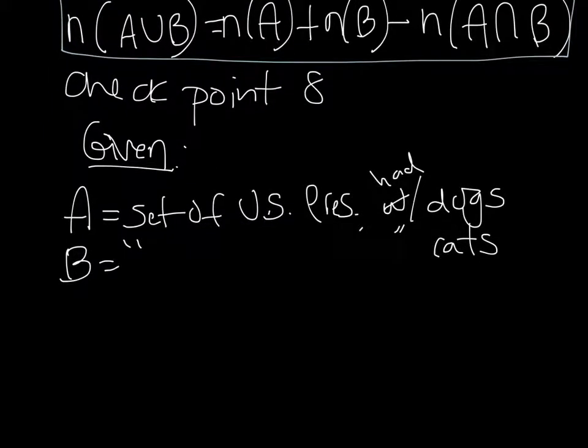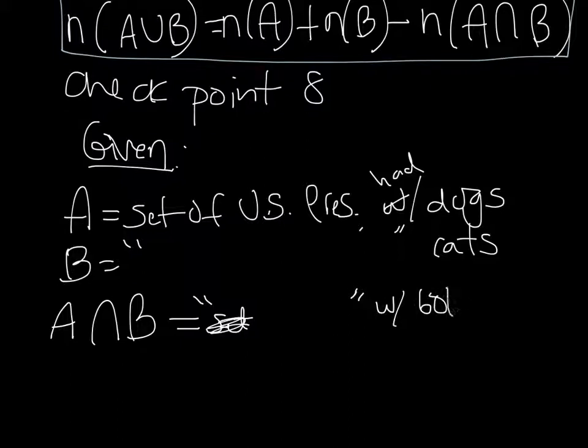And then finally, we know from the given information the intersection of A and B. Well, how many U.S. presidents had dogs and cats? I'm just looking on page 80, and it says 9 had both dogs and cats. So we can do this too. Set of U.S. presidents with both, right, dogs and, that's an and, cats.